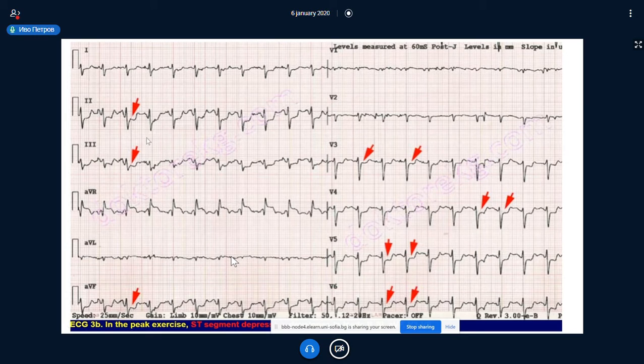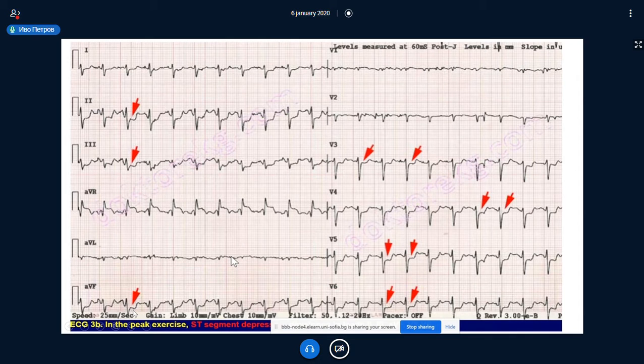And you see here in the second and third, this is already downslope depression of the ST segment, and also horizontal, but deeper and deeper in V5 and V6. You see V5, V6 very prominent, a little less in V3, V4, and also very prominent in the second, third, and AVF. It's more than obvious.